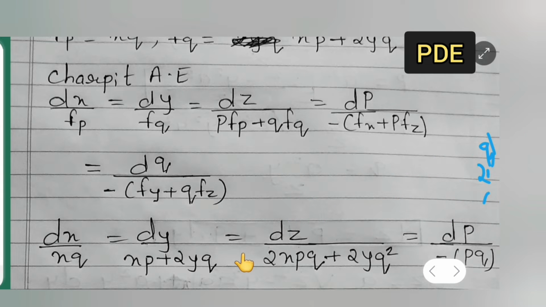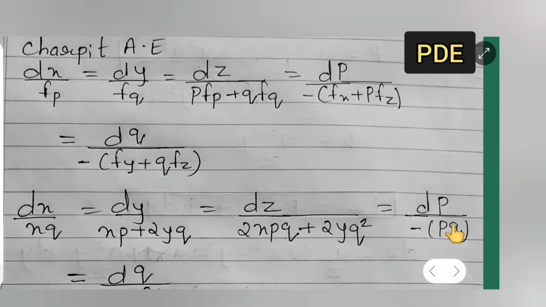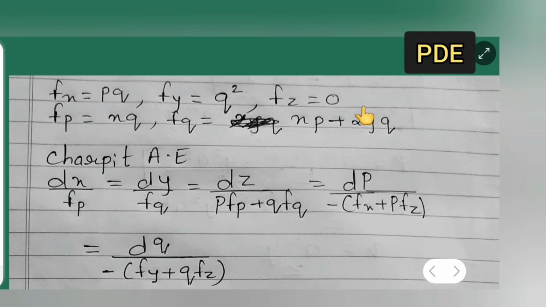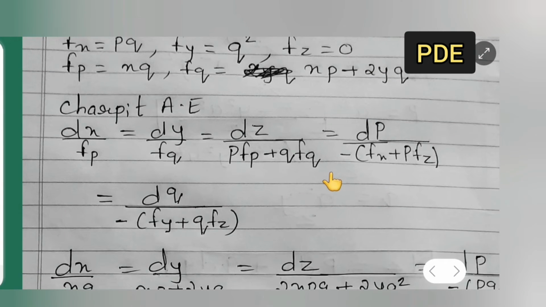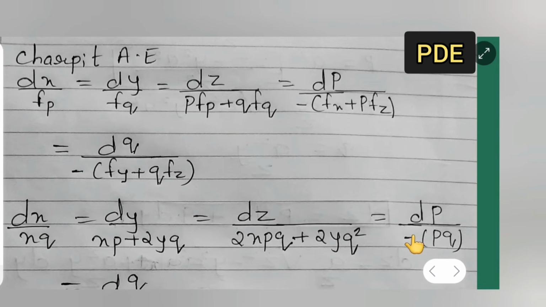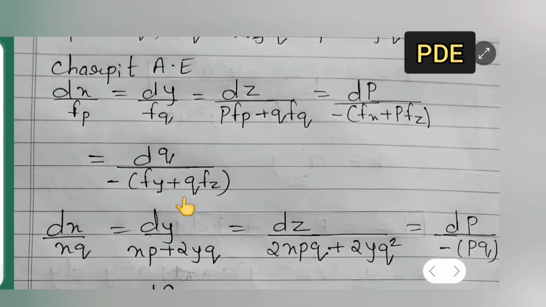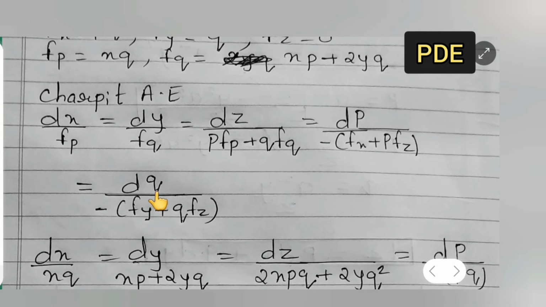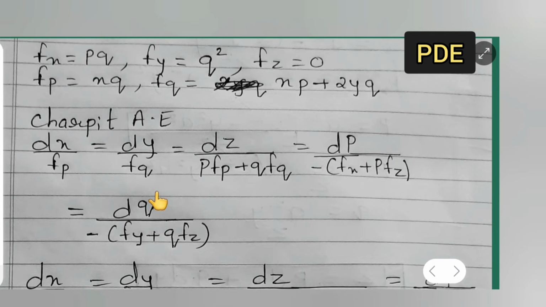Next, let me rub this part. Now dp upon fz: fz is given as 0. Okay, now minus fx, what is fx? It is pq, so write it down directly: minus pq. Now here, same way fz is 0, so minus fy. What is fy? q².